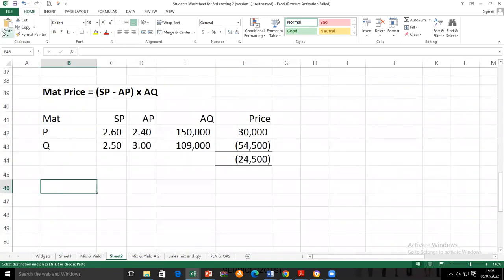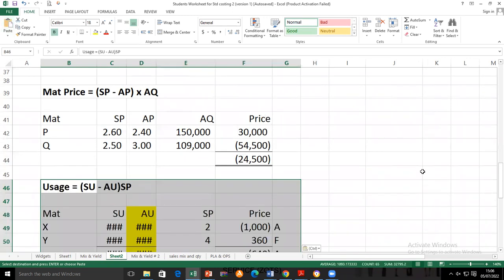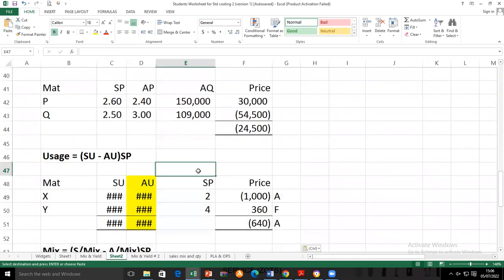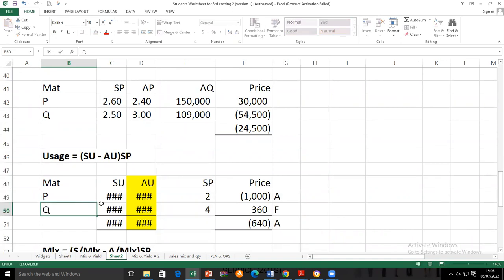Okay. Let's go to the usage. Material usage variance is there. We have two materials this time around, P and Q. What was the actual usage of material?